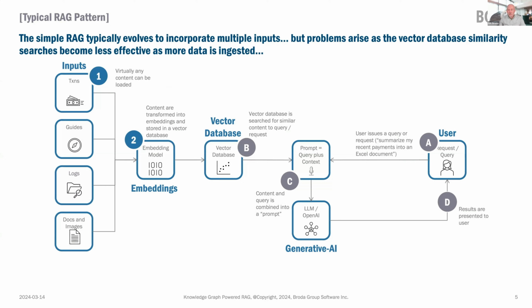By the way, the querying process on the right-hand side of the page is roughly similar. The problem that you have, just as I mentioned with the simple RAG pattern, is the content becomes overwhelming in the vector database and the similarity searches don't work. It gets even worse as you have multiple different inputs.